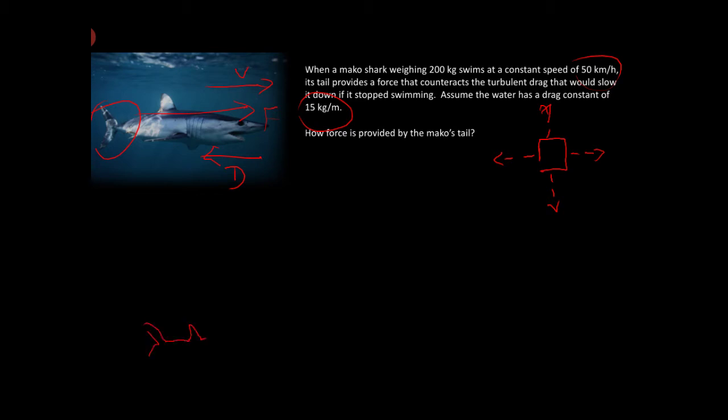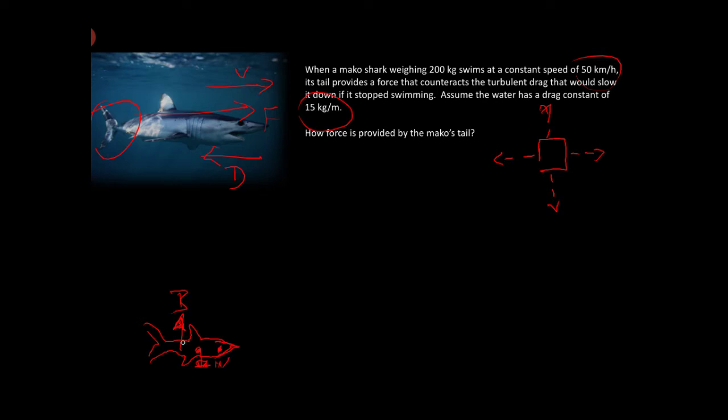This one's even worse than the last shark. Oops. Okay, so if I have my shark, again, we'll say sharks have weight. I still ran into the edge. It also has buoyancy keeping it up. They don't sink to the bottom very easily.